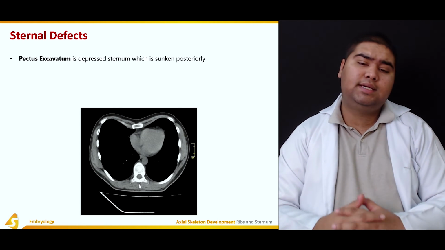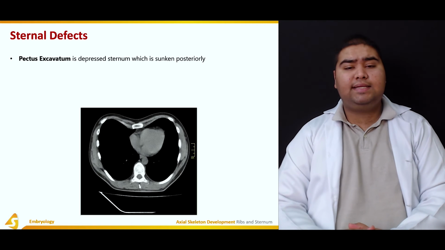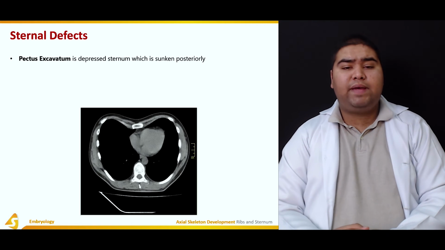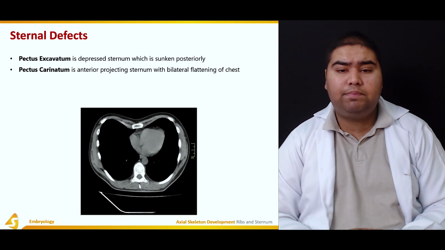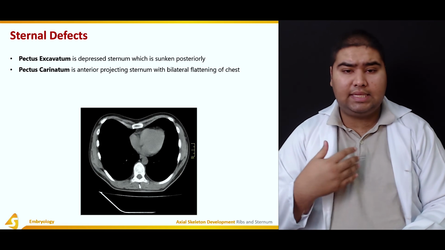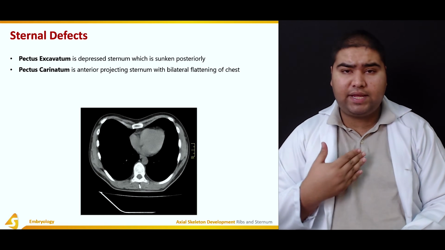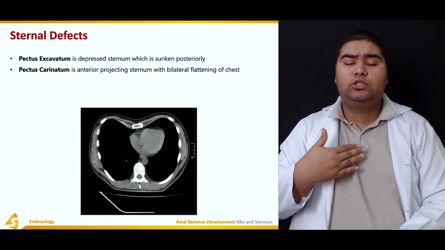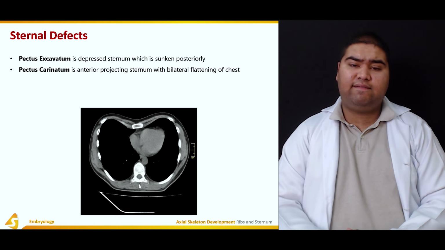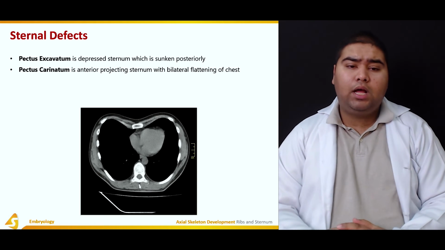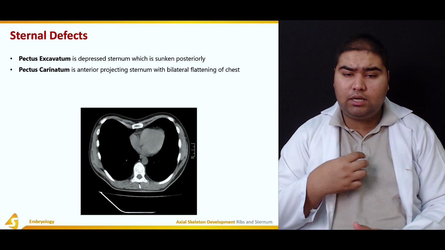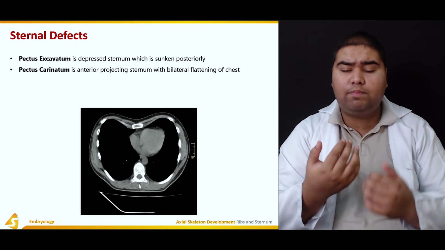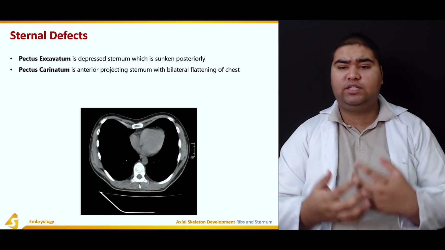Two important sternal defects are pectus excavatum and pectus carinatum. The pectus excavatum is a depressed sternum. This is sternum. If it is depressed posteriorly, it forms pectus excavatum. Pectus carinatum is when the sternum is projecting anteriorly with bilateral flattening of the chest.